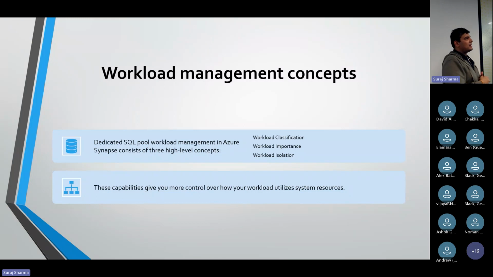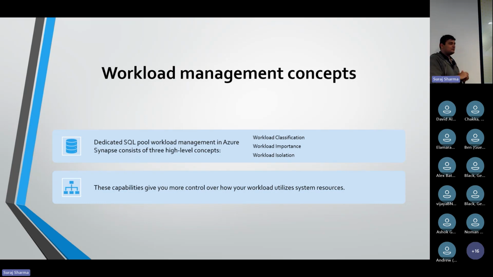So you can classify the workload, and two types of classification are available, static or dynamic. If it is dynamic, you have small, medium, large, extra large resource classes, and with static, you start from static 10 to static 80. Those kinds of classification are available depending upon the use case.